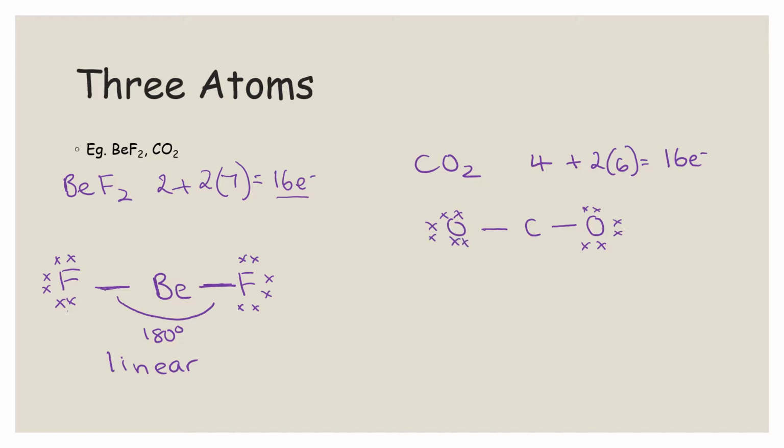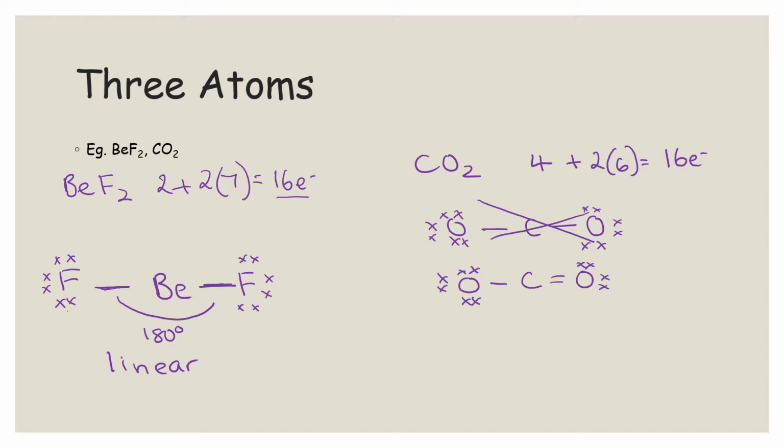Check your electron count, 2, 4, 6, 8, 10, 12, 14, 16, yes, but our central atom doesn't have 8, so it is incorrect. Now start by putting in a multiple bond. 2, 4, 6, 8, 2, 4, 6, 8.